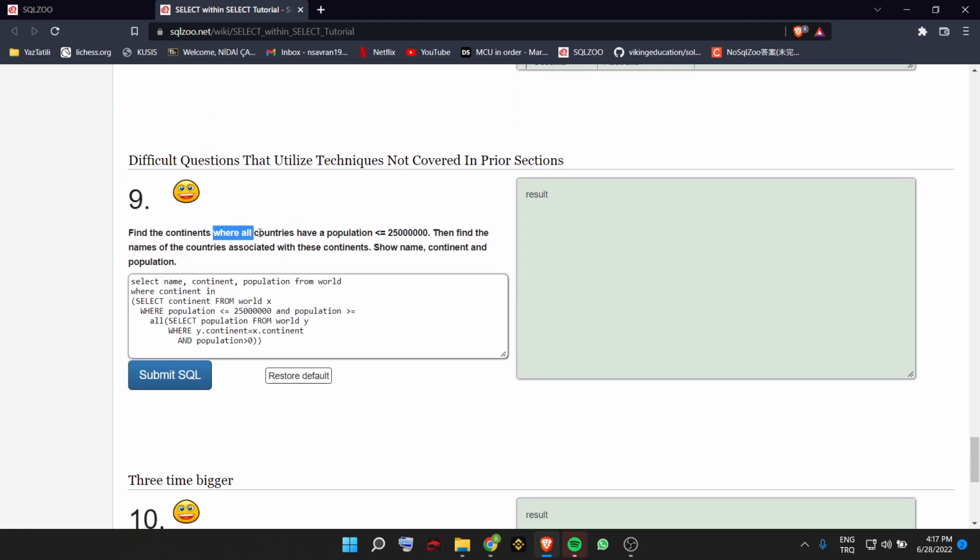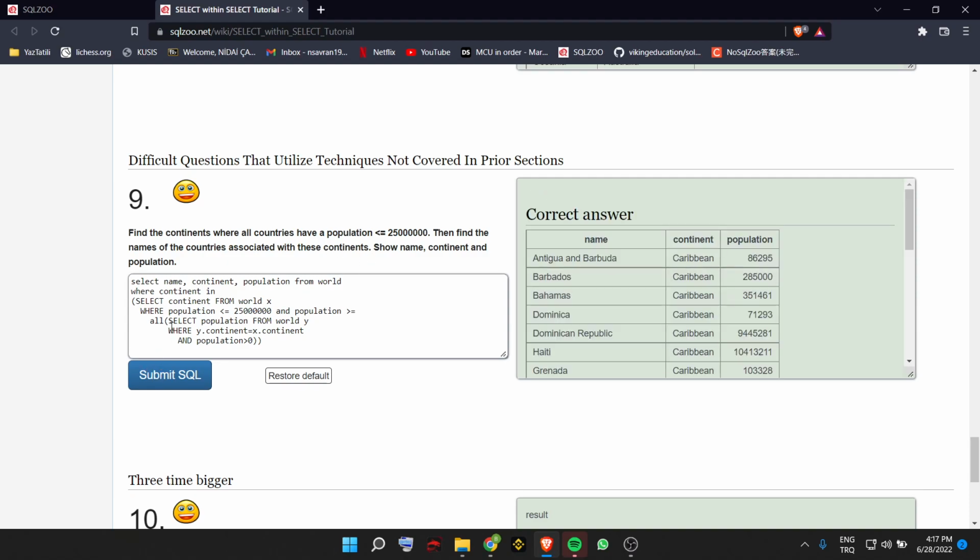Find the continents where all countries have a population smaller or equal to 25 million. Then find the names of the countries associated with these continents. I write three selects inside, three nested selects.